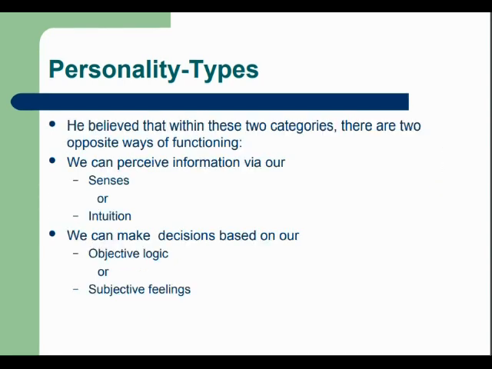Personality types. He believed that within these two categories, there are two opposite ways of functioning. We can perceive information via our senses or intuition. We can make decisions based on our objective logic or subjective feeling.